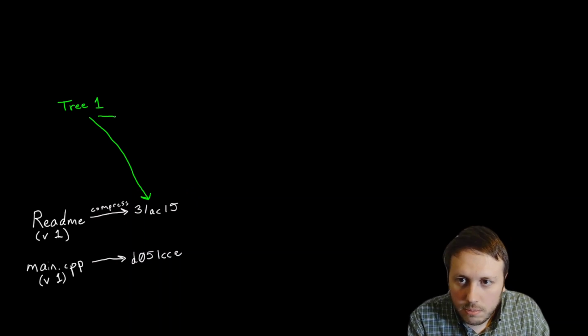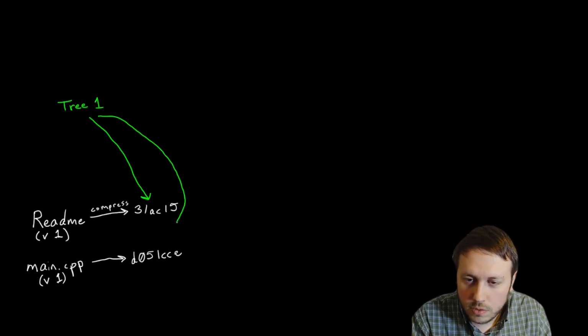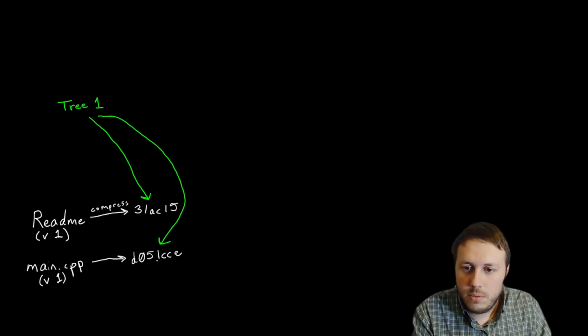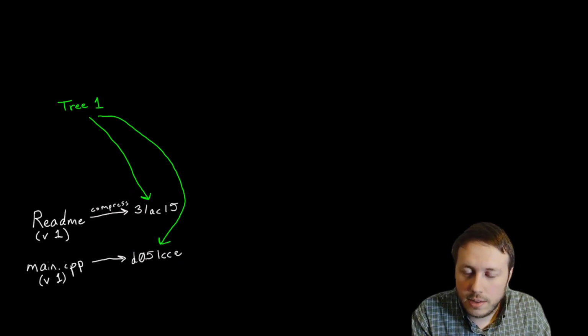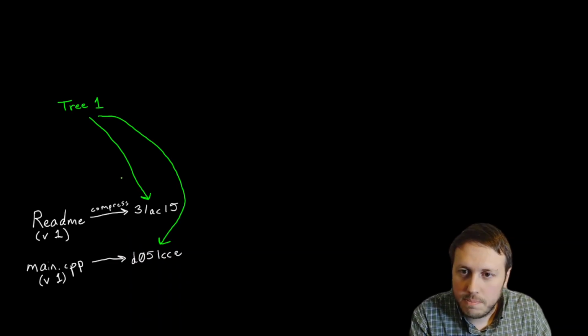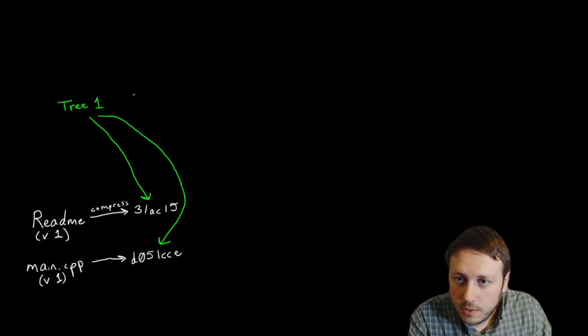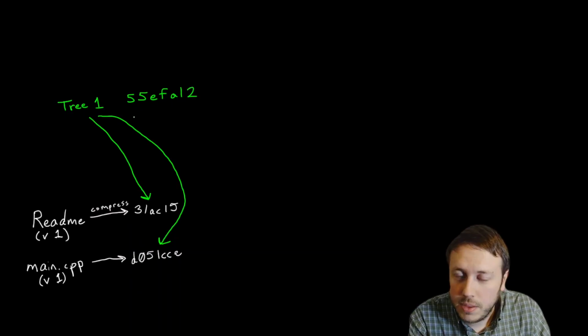And also, of course, it's going to have a reference to this hash right here, the contents of main.cpp. And that tree is itself going to be given some hash. So something like that.